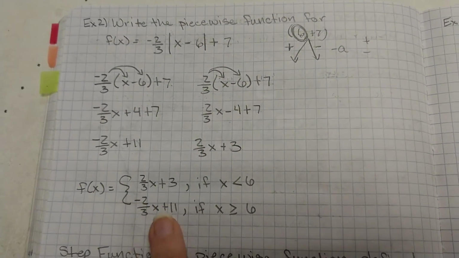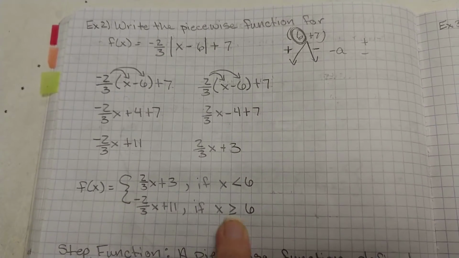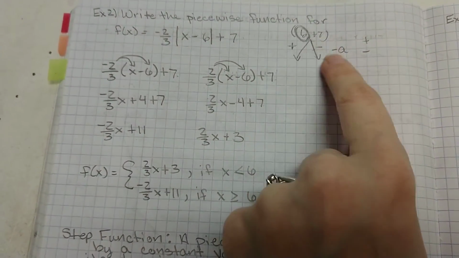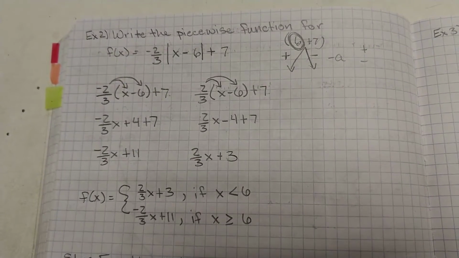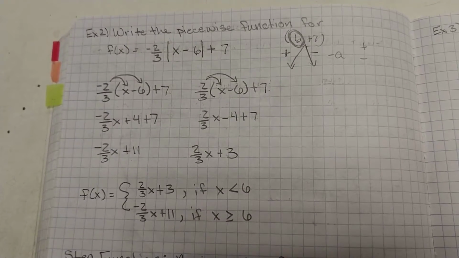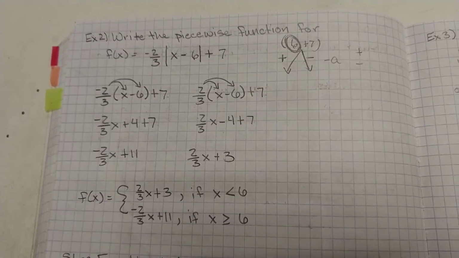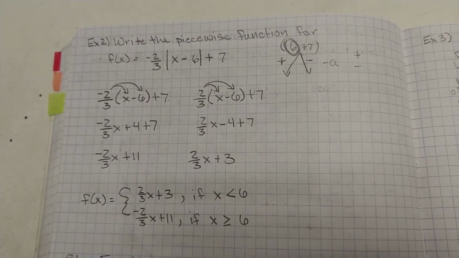And then negative 2/3 x plus 11 if x is more than 6, because this time my positive is on the left and my negative is on the right. Here's our piecewise function. So you should be able to put any absolute value function into a piecewise function.